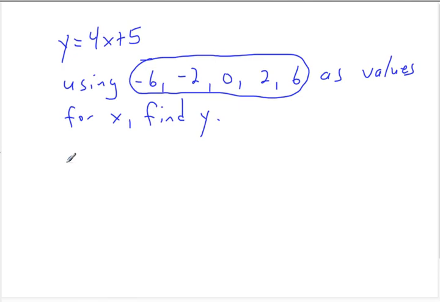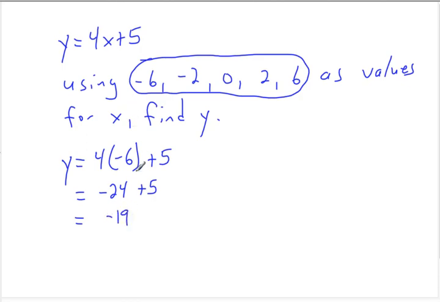So what we can do is we can just do this separately a bunch of times. So first of all, I'm going to plug in -6. So 4 times -6 plus 5. So if x is -6, I know that 4 times -6 is -24. And then I'm going to add that 5, and so I know it's going to be -19.